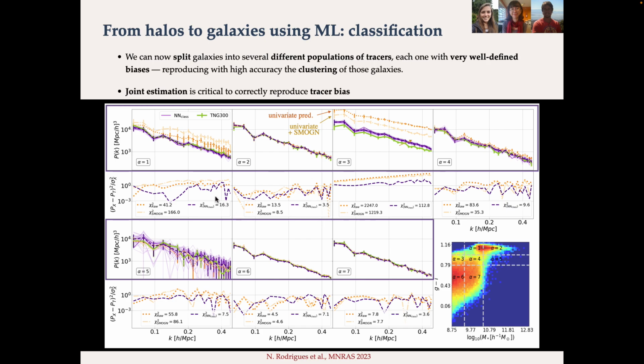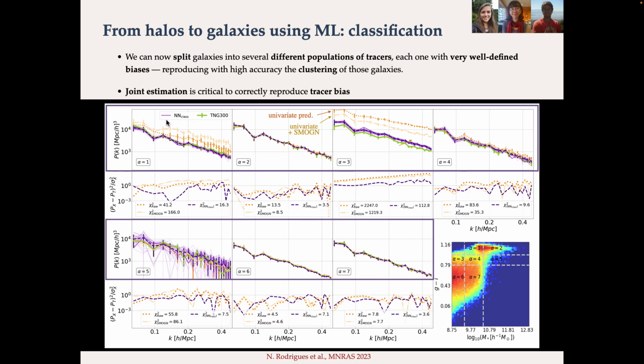And then we can compute the power spectrum, the clustering of these objects here, and we can compare with how well we are predicting the clustering of those objects. The first line of plots here are the power spectra for the populations alpha equals 1, 2, 3, and 4.